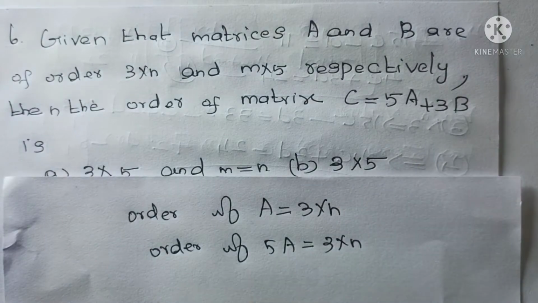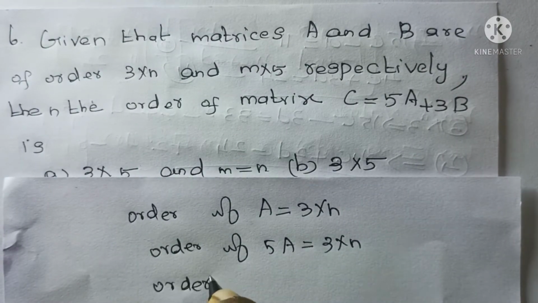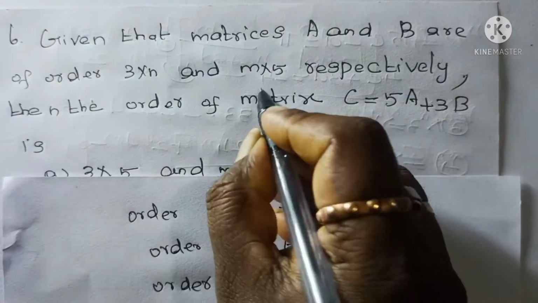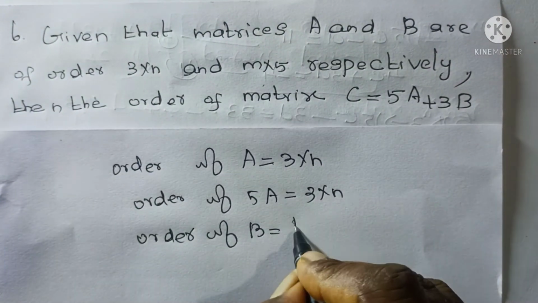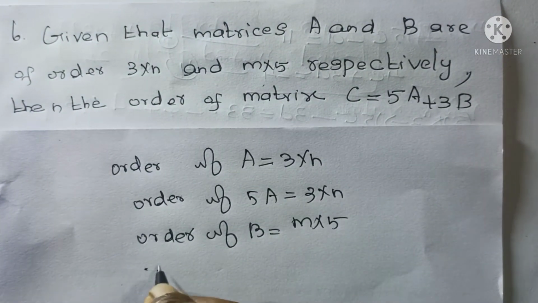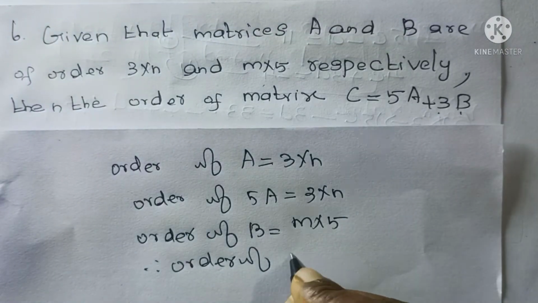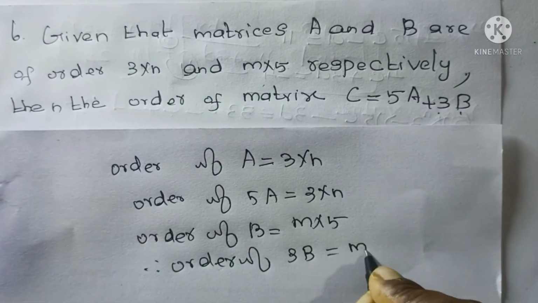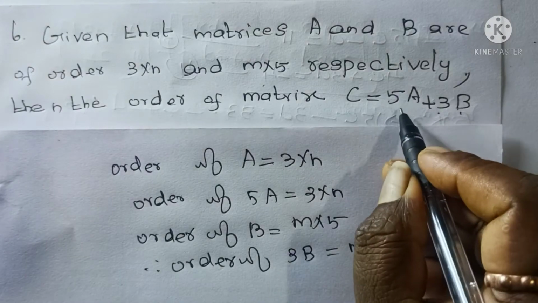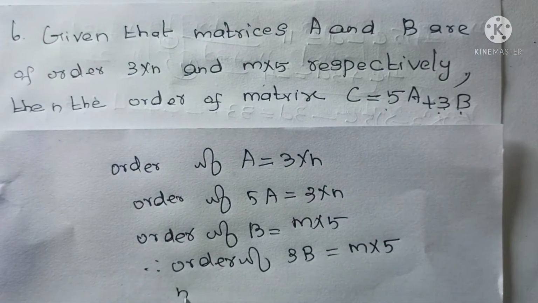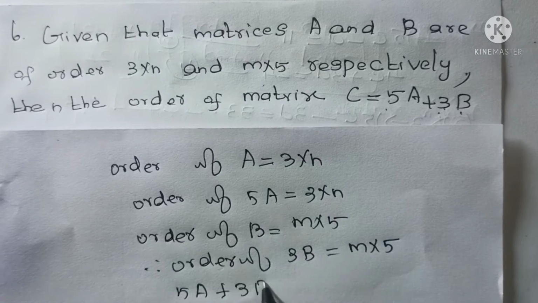Then you have to find the order of B. So what is the order of B? From here, m by 5. So we need the order of 3B, correct? So the order of 3B is equal to again m by 5. Then you have to find the order of 5A plus 3B.